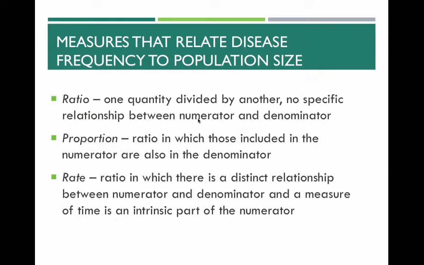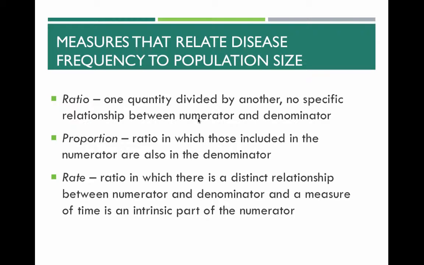Rates, proportions, and ratios are commonly used in epidemiology. It's also important to note that many times they're used in clinical journals incorrectly. And so it's important to quickly review the definition of each of the three and make sure that we're all on the same page as we move forward. A ratio simply is one quantity divided by another.